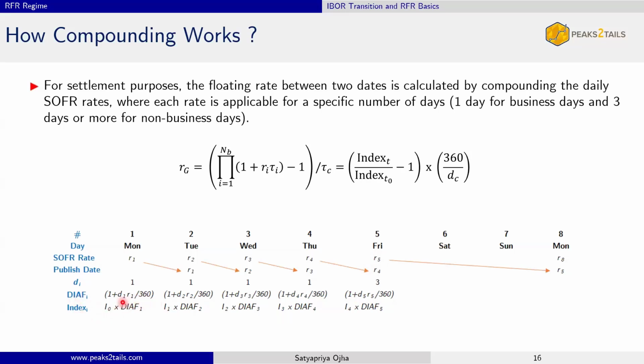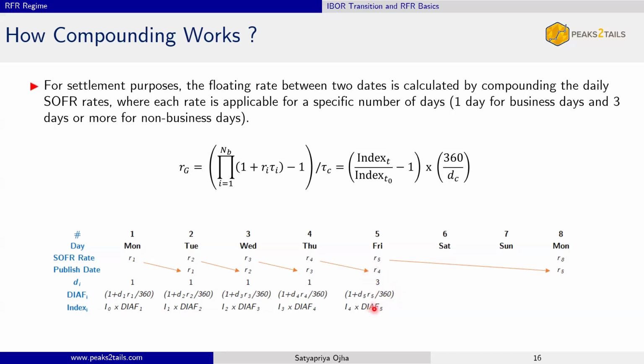For compounding, it's easy. 1 plus rate times the year fraction. Year fraction is the number of days for which the rate is applicable divided by 360. So 1 plus R1 times D1 by 360, 1 plus R2 times D2 by 360. D1, D2, D3 are all applicable for 1 day, except for Friday, which would be D5: 1 plus R5 times D5 by 360. D5 would be 3 days.